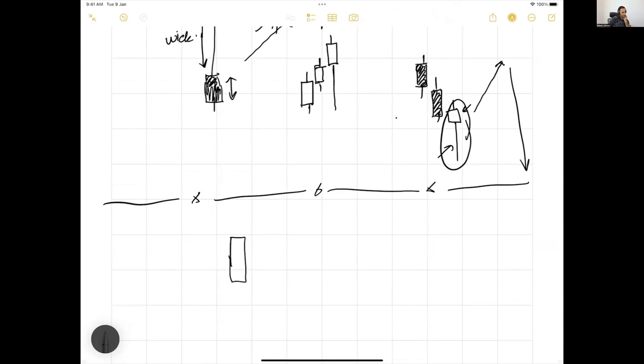When a candle forms like this, there's lots of volume, and it's a 50-50 chance price could go either way. I would say that price will go either way when you have a candle forming with no wick. There's no wick on the bottom, there's no wick at the top.